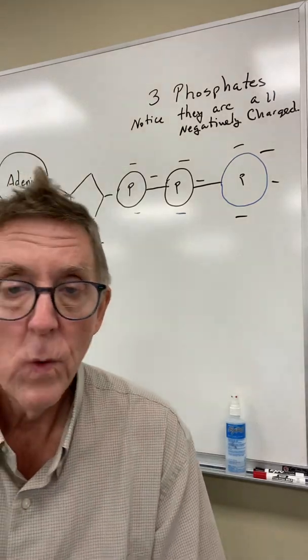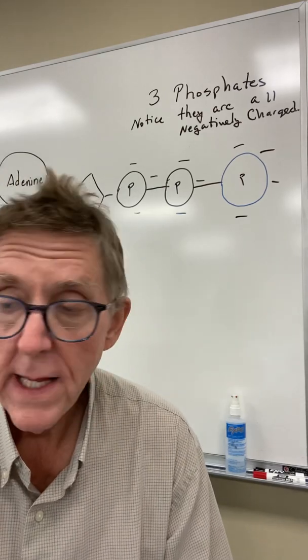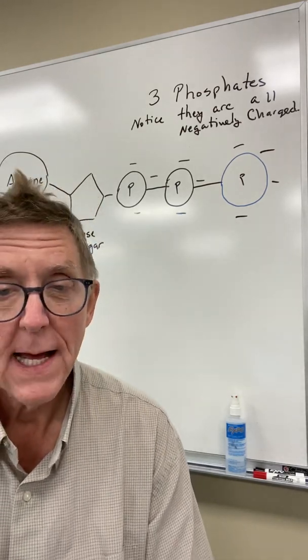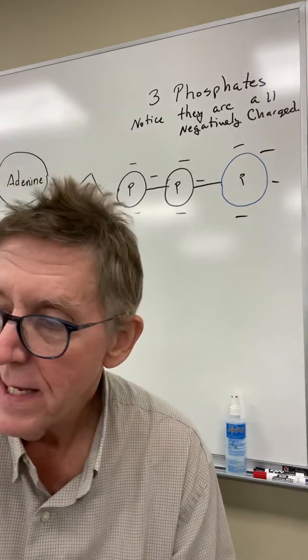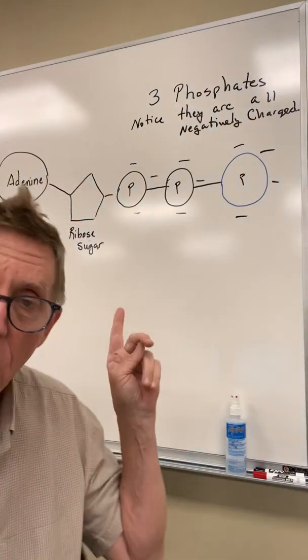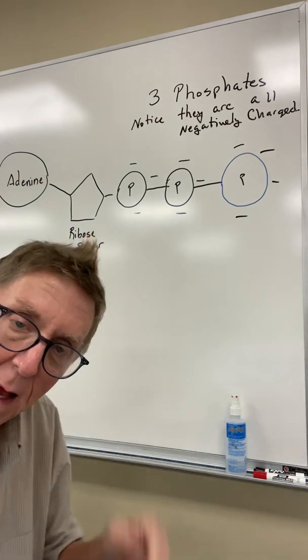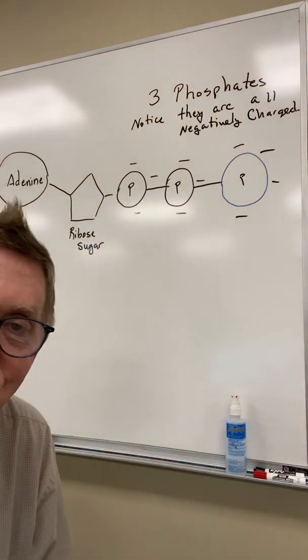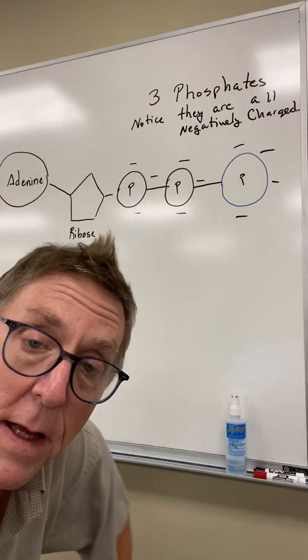Okay, so we are now to slide number 3, and what we're looking at is a slide that says ATP, energy for cells. And I've drawn a picture of adenosine triphosphate, and it's a nucleotide.